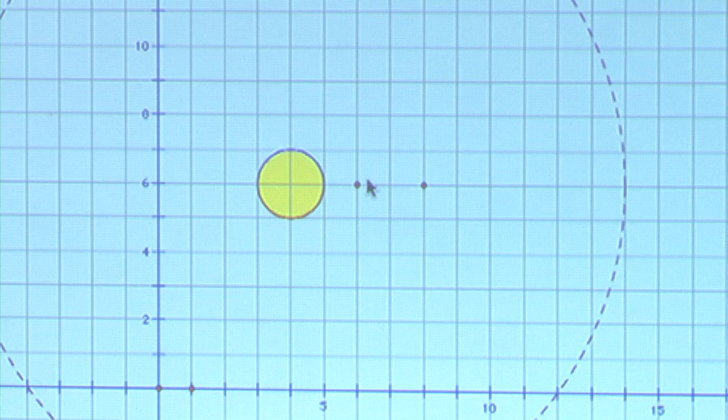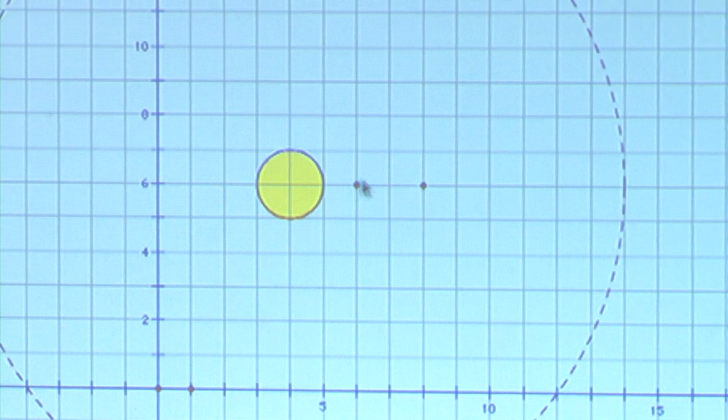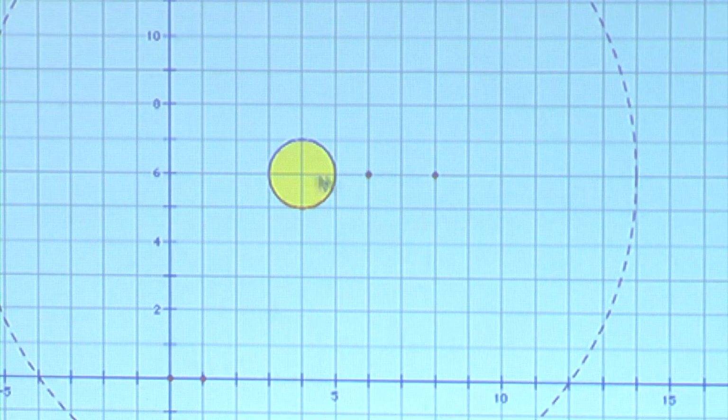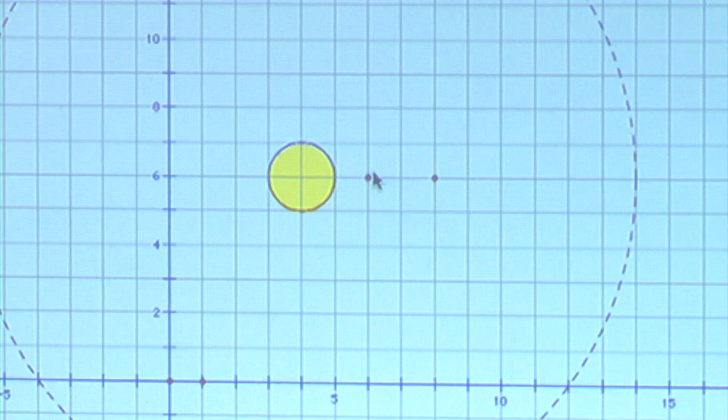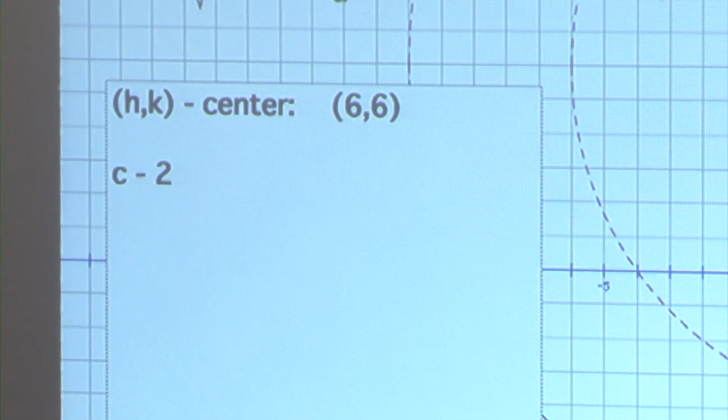Okay, so the next thing I need to know is, if I already have my center and I know where my star center is, what's the distance between those two? It's my C. So my C value is 2.